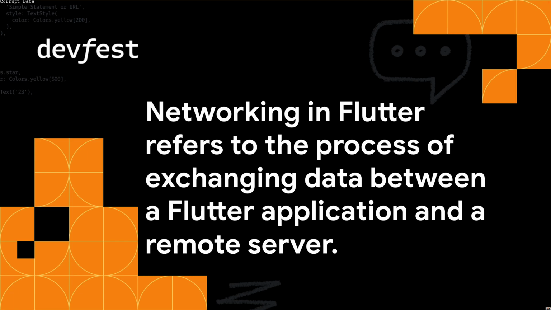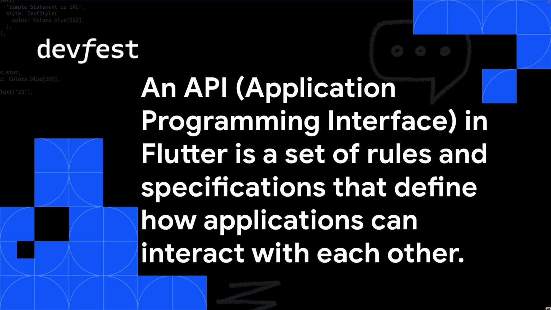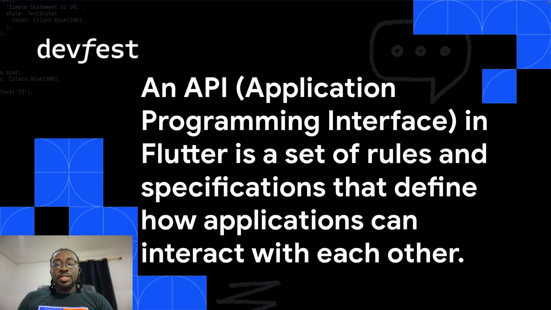Now, what is an API in Flutter? API, or Application Programming Interface, in Flutter is a set of rules and specifications that define how applications can interact with each other. Now, APIs in Flutter don't only mean HTTP APIs, right? We have different forms of APIs in Flutter.